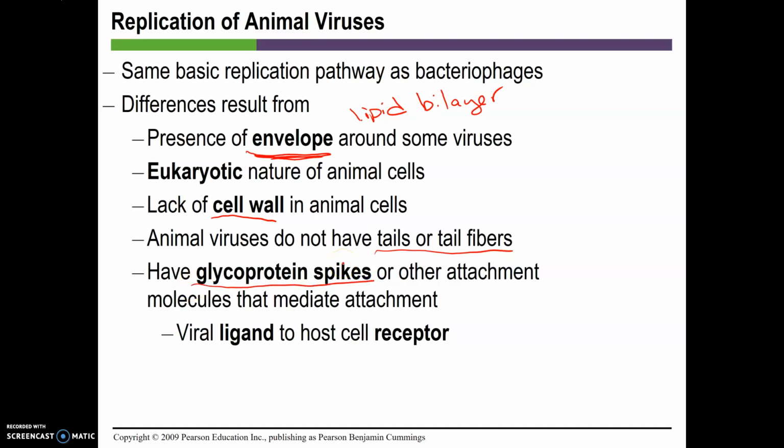So that coronavirus that we spoke of in the last video has glycoprotein spikes in the envelope that allow that attachment to the host cell. And that attachment is mediated by the terms we were talking about. The cell has a receptor, and the protein on the virus that is interacting with the receptor is referred to as the ligand.